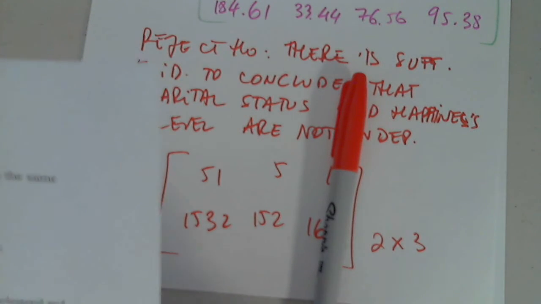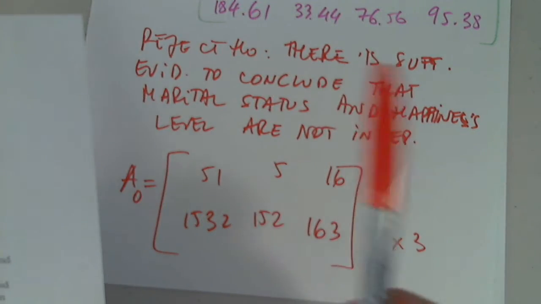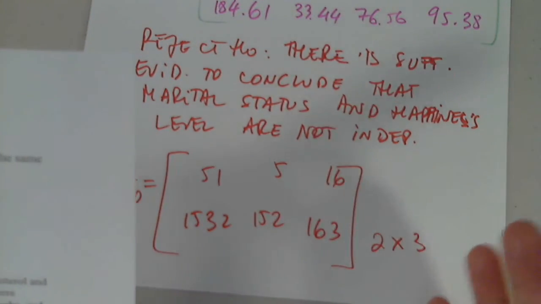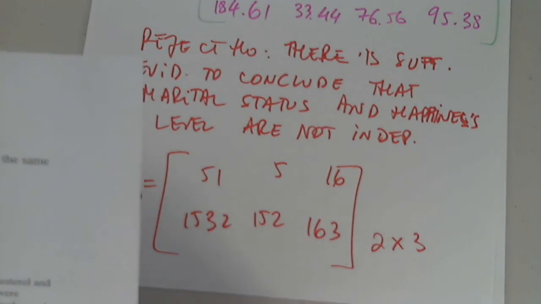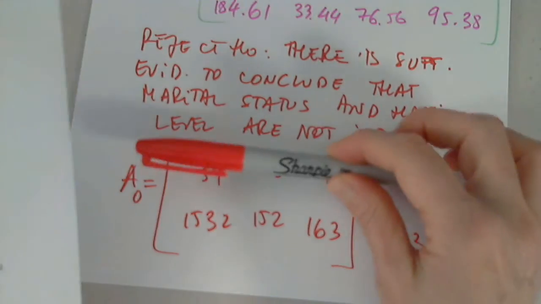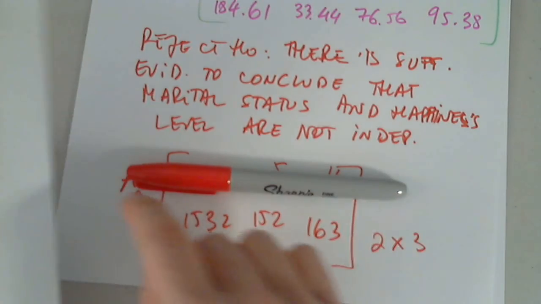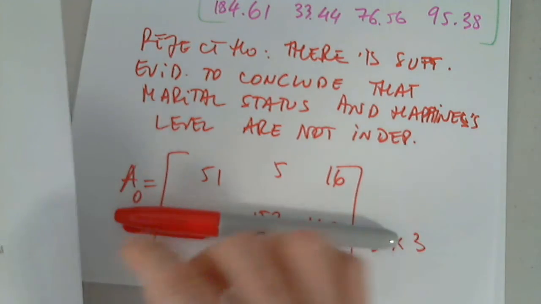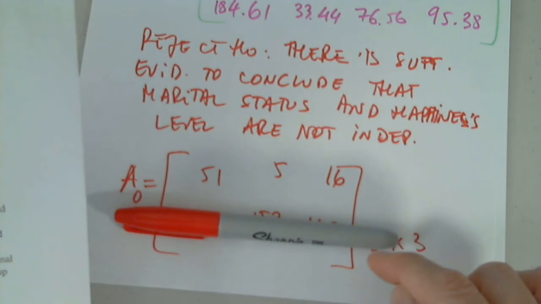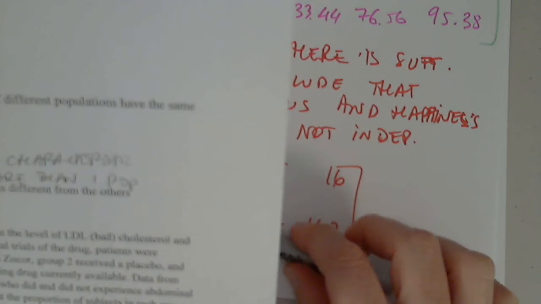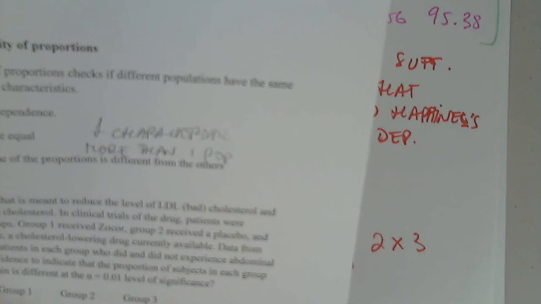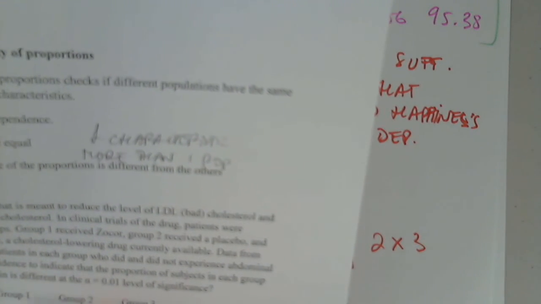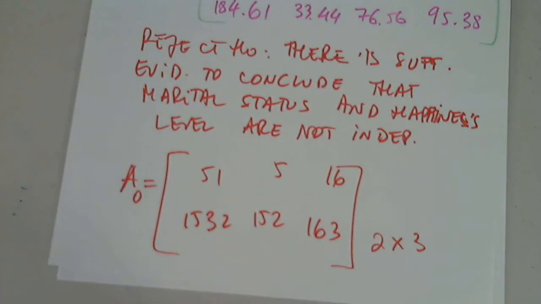Data below presents the number of patients in each group who did and did not experience abdominal pain as a side effect. So this row, they experienced pain. This row, they did not experience pain. Is there evidence to indicate that the proportion of subjects in each group who experienced abdominal pain is different at alpha 0.01?